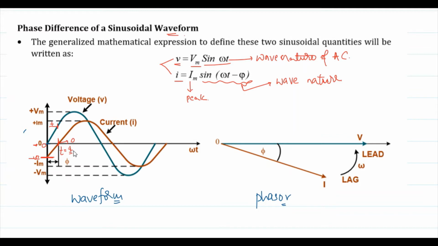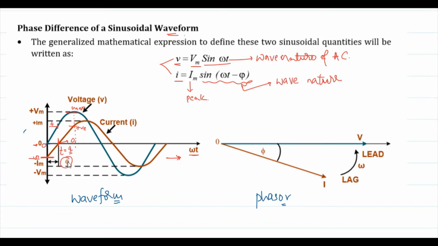Further along, at the peak value of voltage, the voltage has acquired its maximum value, while the current has only a certain positive value. Going along with omega t, you can see that the voltage is leading the current, so the current is lagging by a certain phase, called phi.